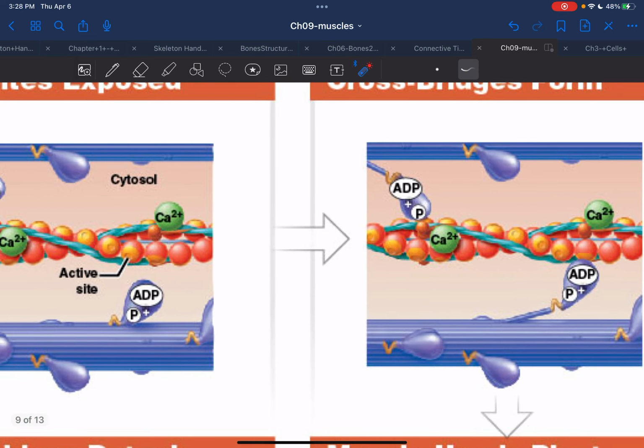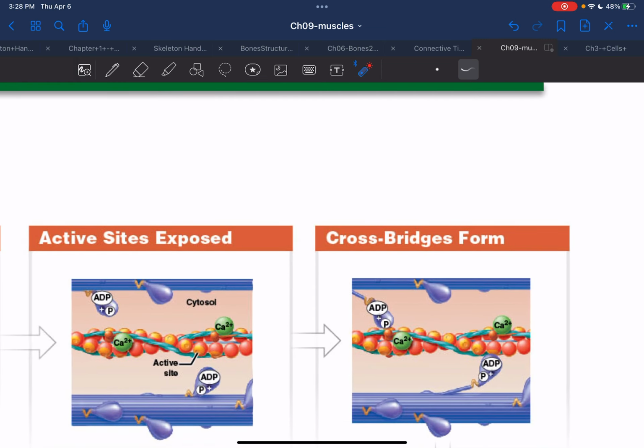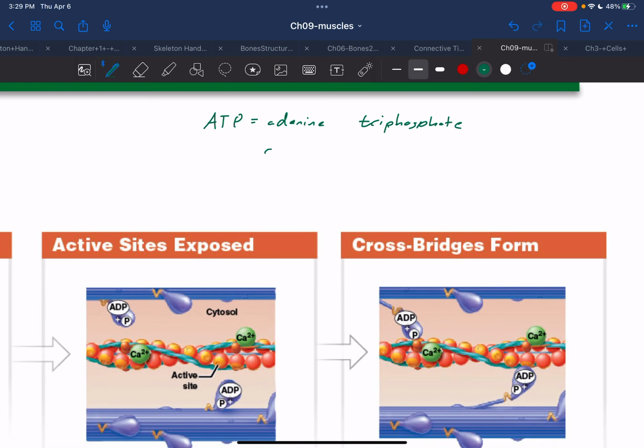And what did the mitochondria produce for cells? ATP. And if we broke this word apart, it means adenine triphosphate. What do we think ADP means? Exactly right.